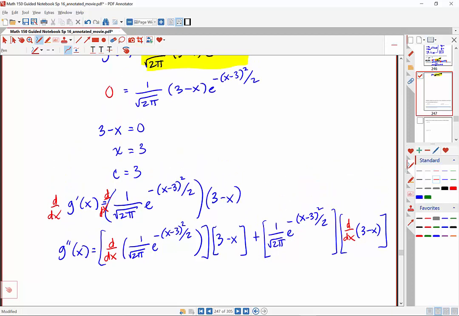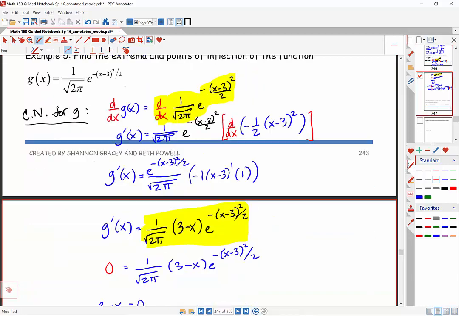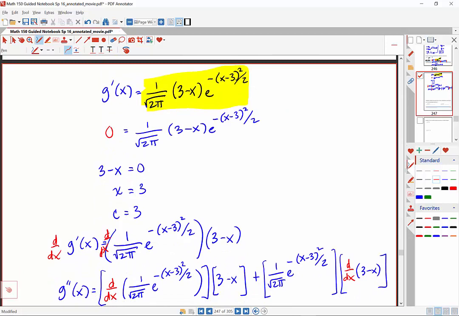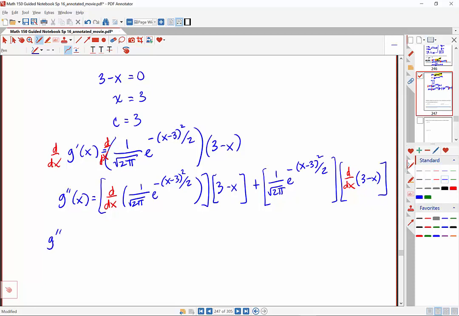Now, we already have the derivative of 1 over root 2 pi e to the negative x squared over 2. It's this yellow stuff that we highlighted, okay? So I'm going to rewrite that. So this first one, we'll have g double prime at x is equal to 3 minus x over root 2 pi times e to the negative x minus 3 squared over 2.